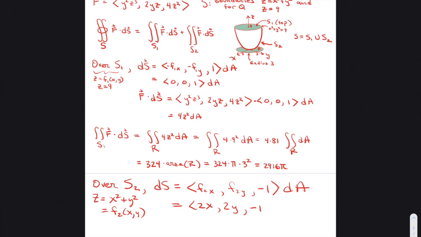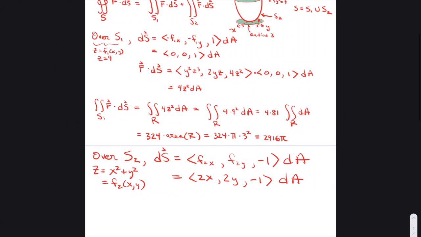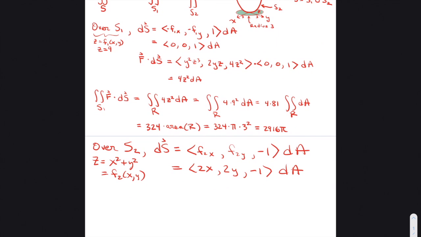And then a negative 1 dA, like that. Okay, so I got my dS worked out. And that's the vector dS. And now for flux, we have to do F dot dS. So let's do that, F dot dS here.